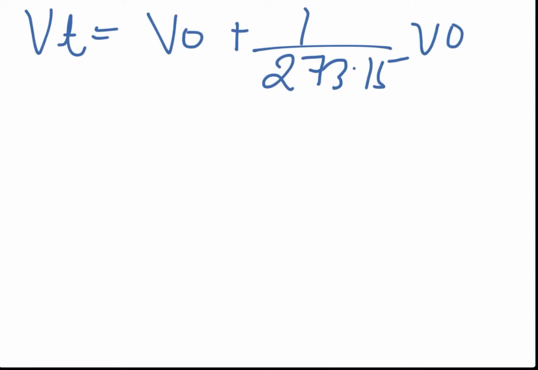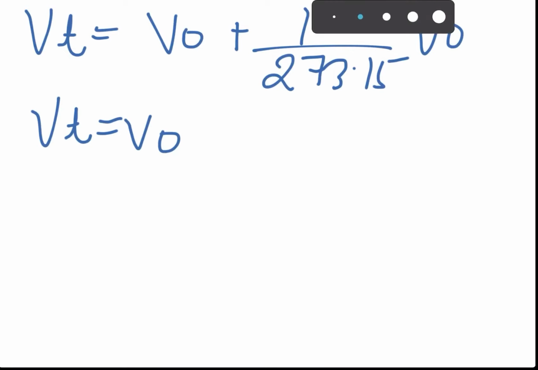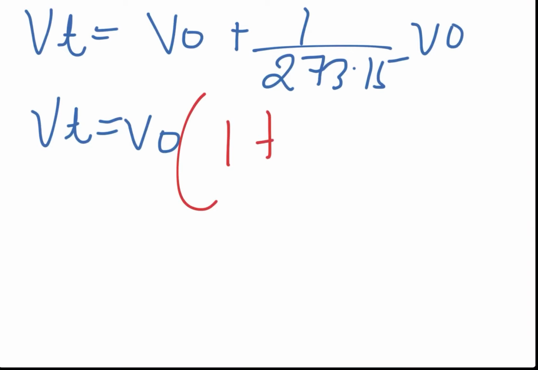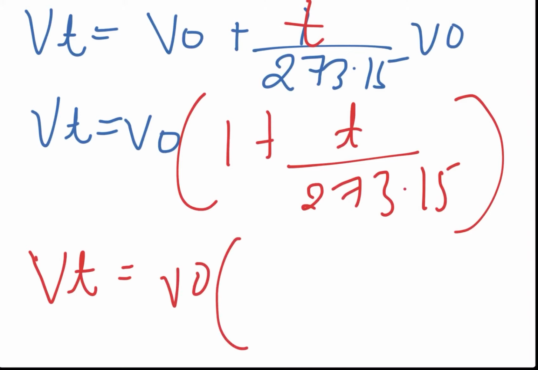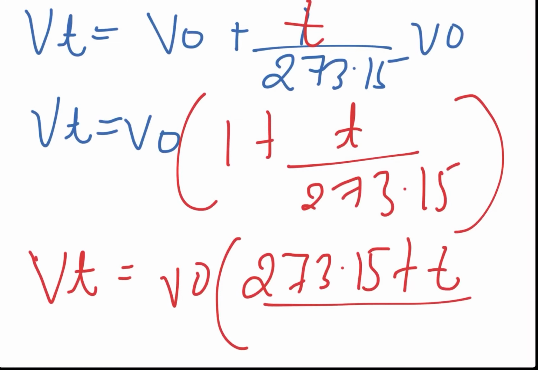Now if I take V0 common, V0 meaning the volume at temperature 0, Vt becomes V0 times (1 plus T by 273.15). On taking the LCM, the simpler formula becomes Vt equals V0 times (273.15 plus T) by 273.15.